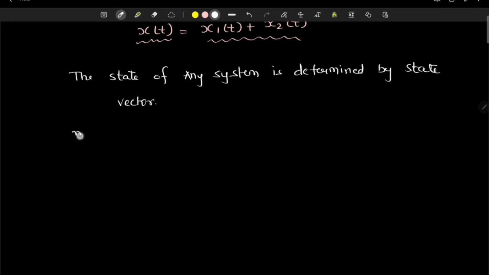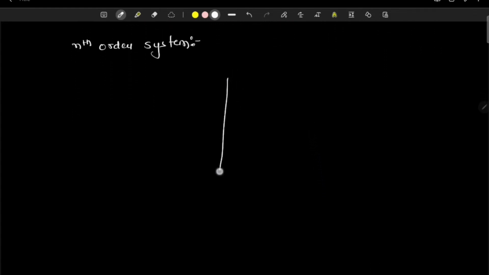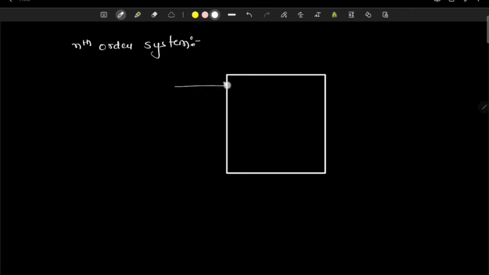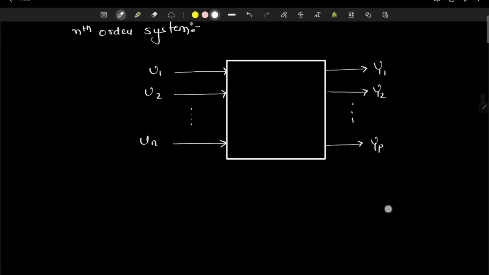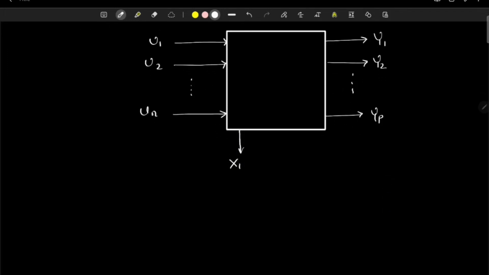So for an nth order system, suppose there are inputs, that is u1, u2 till u of m, and you will get outputs y1, y2 till y of p, and there will be some state variables x1, x2 till xn.